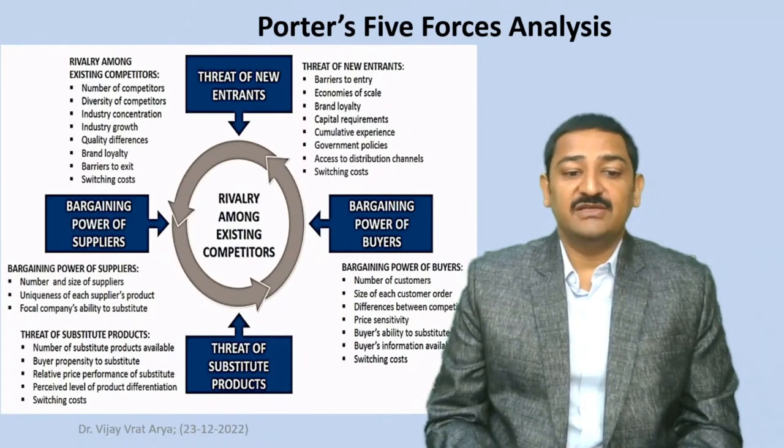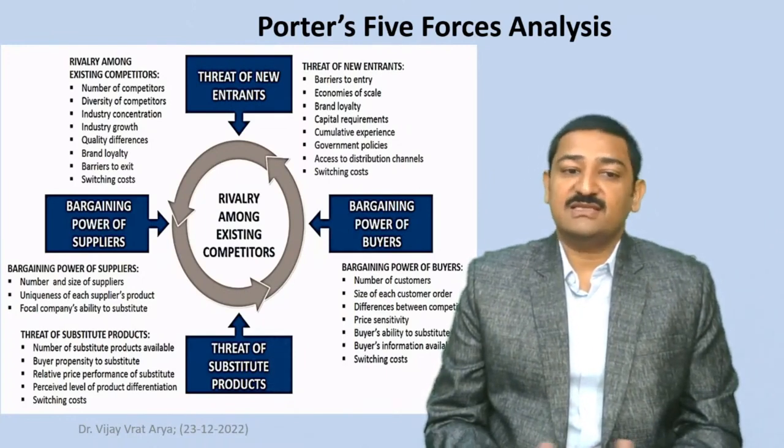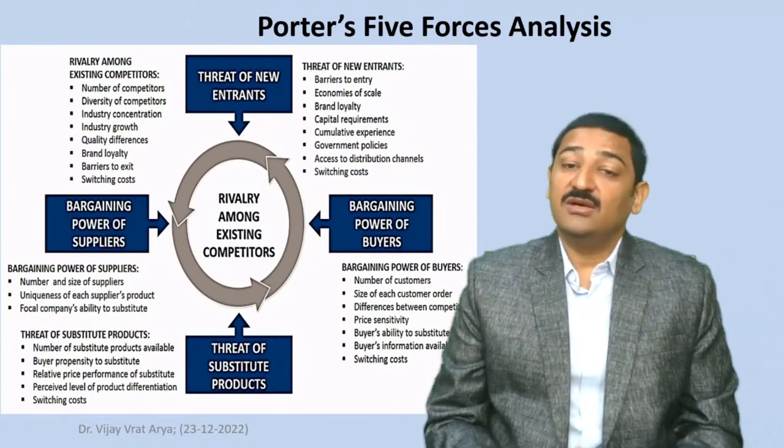If we refer to it from the perspective of the bargaining power of the supplier, that is just opposite, from where the goods or the raw material are procured by the organization. So they have again a good bargaining power.